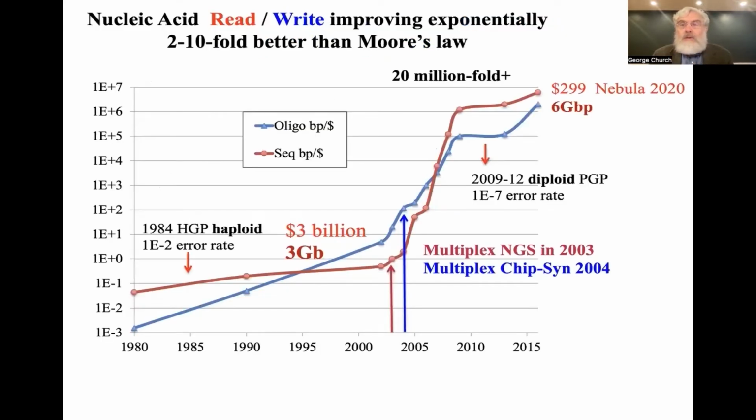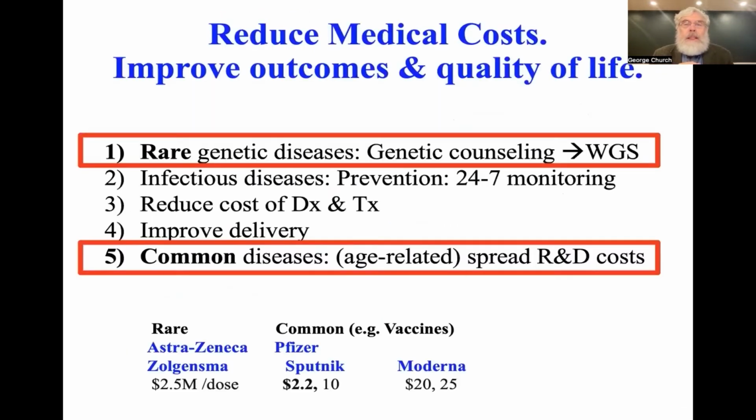We've seen this exponential curve for 1D sequencing that's gone over 20, maybe 60 million fold in just a decade or so, and going in improved quality and clinical relevance, going from haploid genomes, which were clinically irrelevant, to diploid genomes, and $300 per genome has been in place now for 2 or 3 years.